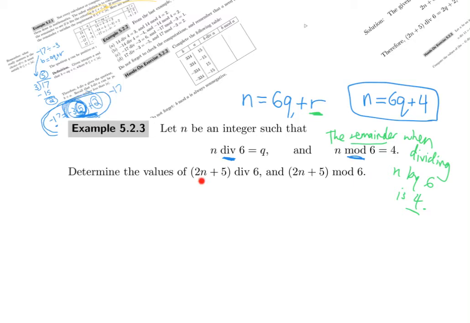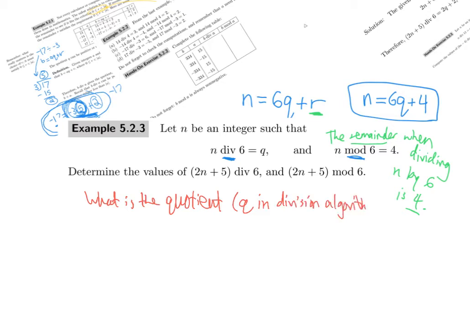Determine the values of 2n plus 5 div 6 and 2n plus 5 mod 6. So what they're asking is, what is the quotient, the q in the division algorithm, when 2n plus 5 is divided by 6.